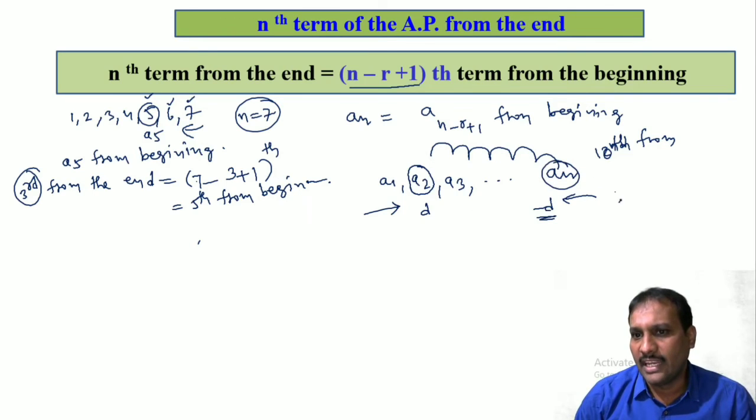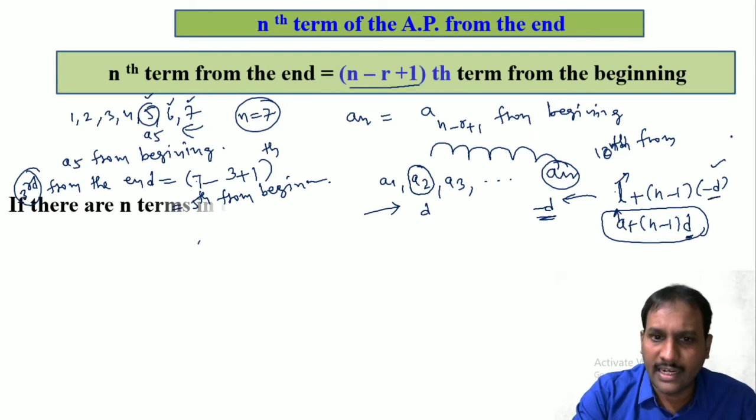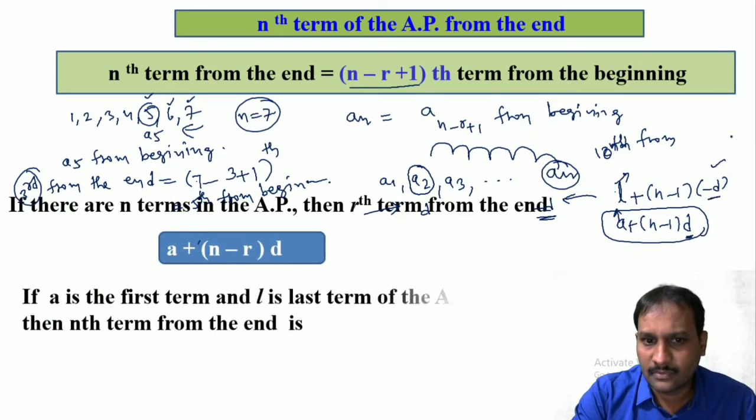So the nth term is the last term L plus n minus 1 into minus D. Generally the nth term is a plus n minus 1 into D, but we are taking from the end, so in place of the first term you take the last term, in place of D you take negative D. So you can write like this also.